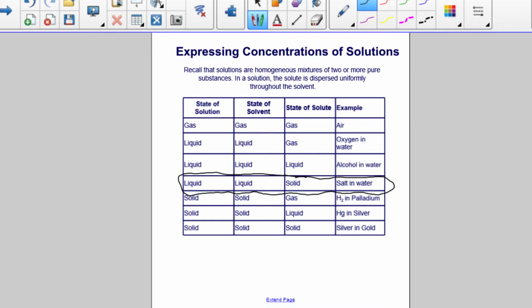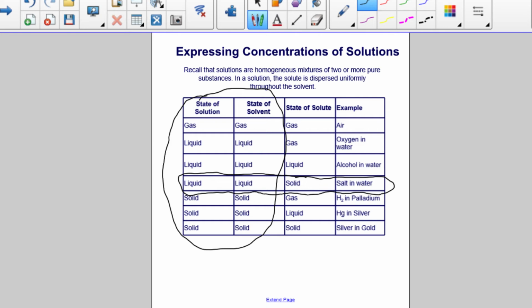But as you can see from this table, you can have all three states of solutes, all three states of solvent, but in every case, the overall state of the solution is the same as the state of the solvent. So the solute dissolves in the solvent homogeneously, and the resulting solution takes on that state.